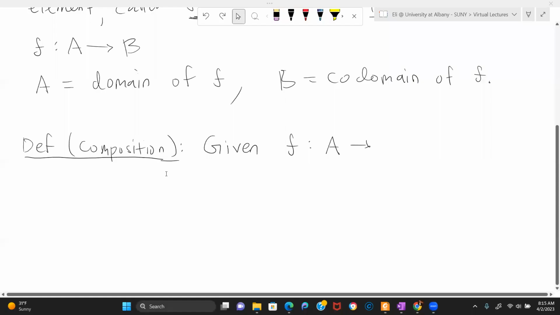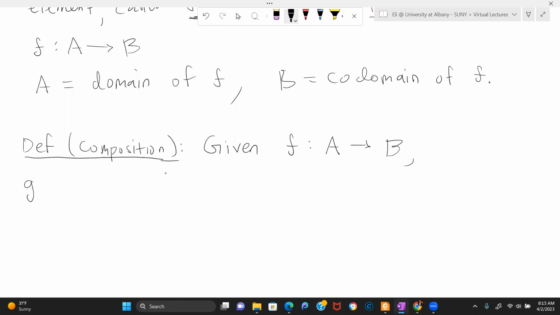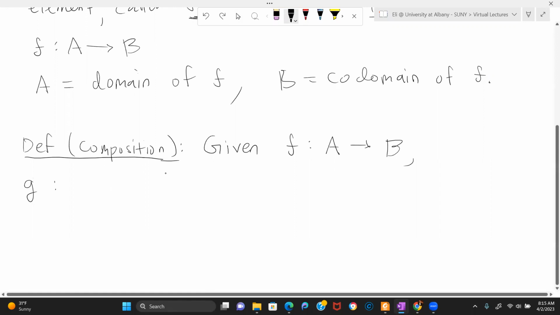so given a function from A to B, and then given a function, let's say from C to A, or no, I've got to be careful about this.